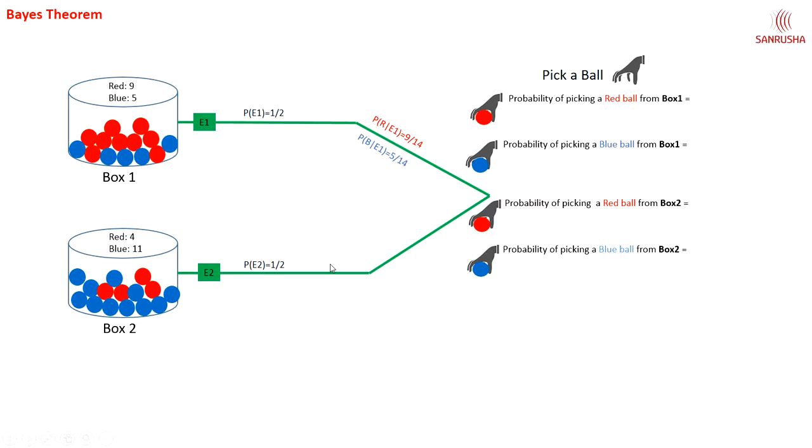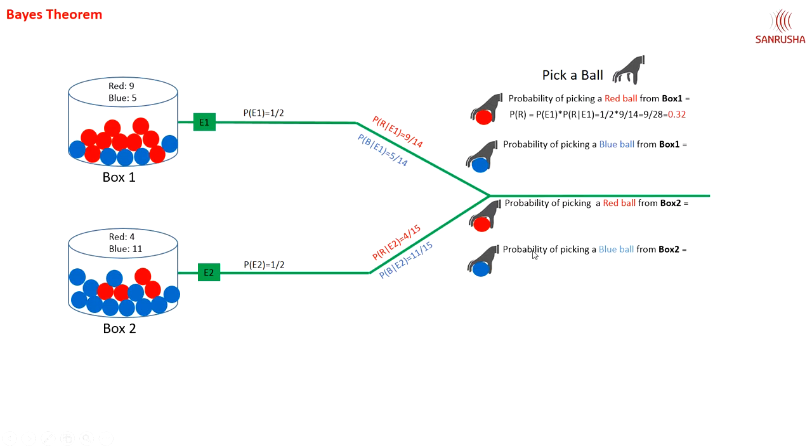Likewise, the probability of picking a red ball from box 2 is 4 by 15. The total number of balls is 15, red balls 4, so 4 by 15. And the probability of picking a blue ball from box 2 is 11 by 15. So far so good.